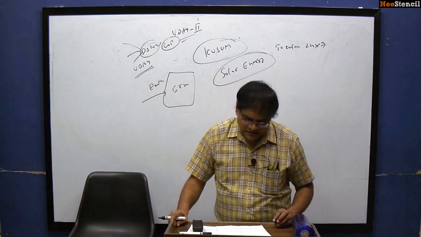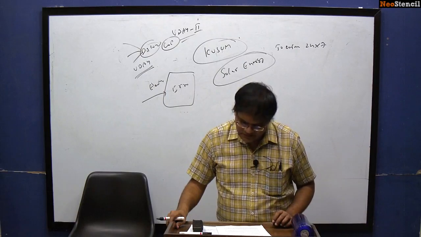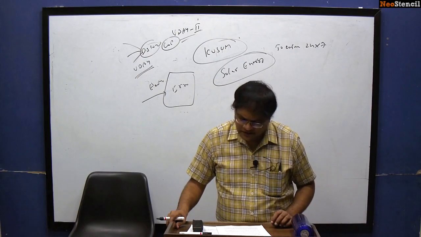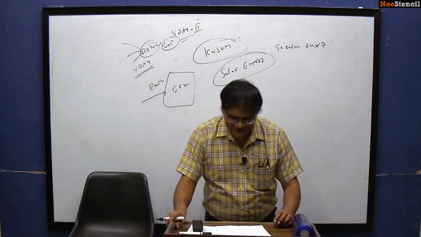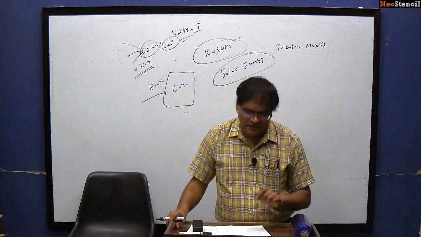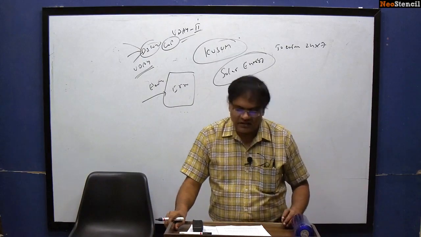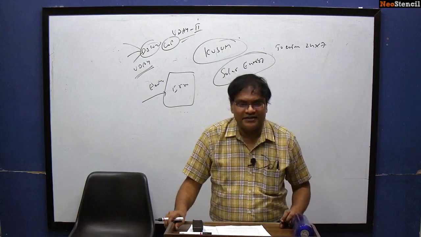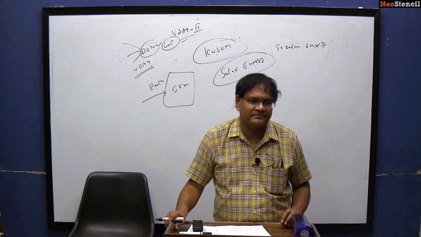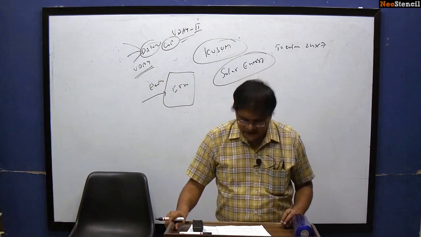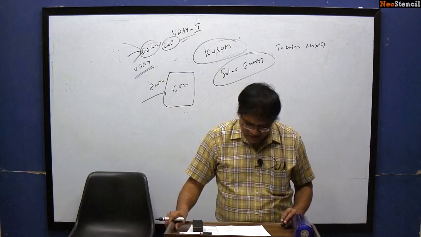Kusum means Kisan Urja Suraksha Evam Utthan Mahabhiyan. I don't know what this means, you can find out. But the basic objective of this scheme is to allow the farmers to generate electricity through solar energy. And what can they get through this scheme?